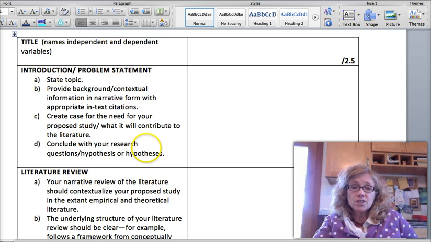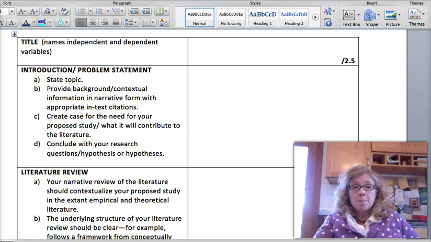And then you'll have an introduction or problem statement, and that introduces the reader to the area that you're studying and that you're proposing your research study in. So you provide some background, contextual information in narrative form, and you also have citations in this section.